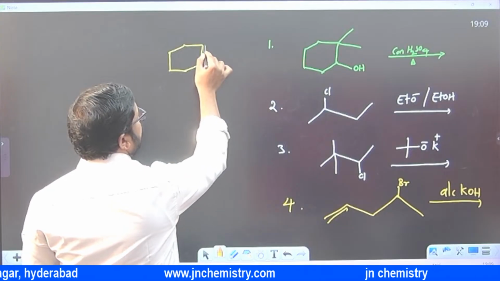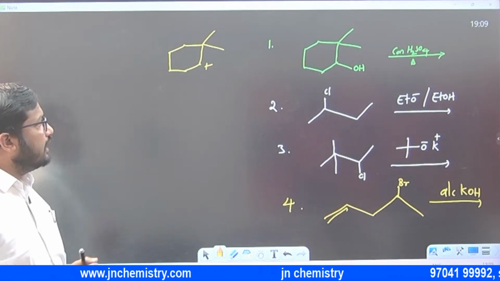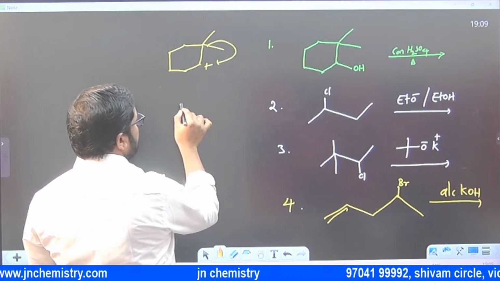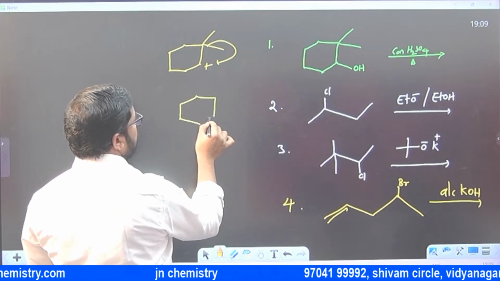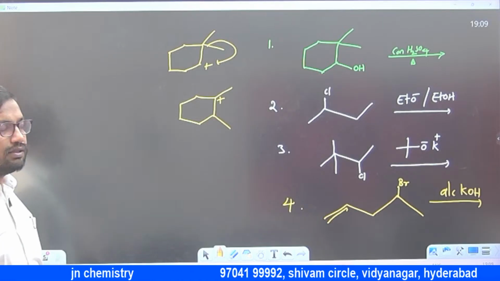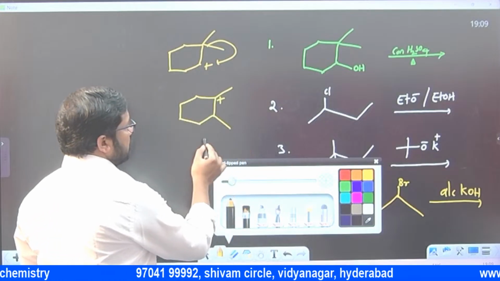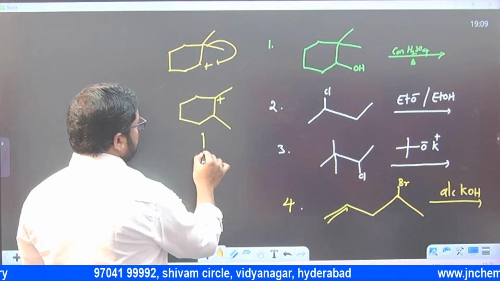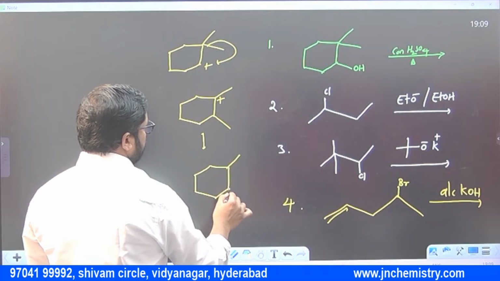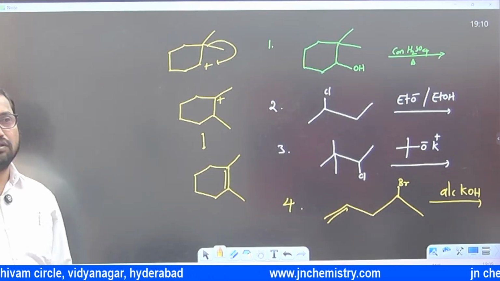Water is going out, carbocation is forming. This is the first step, right? Then what exactly happens? Methyl shift takes place here. Why methyl shift takes place? Stable carbocation. So then this is the product.